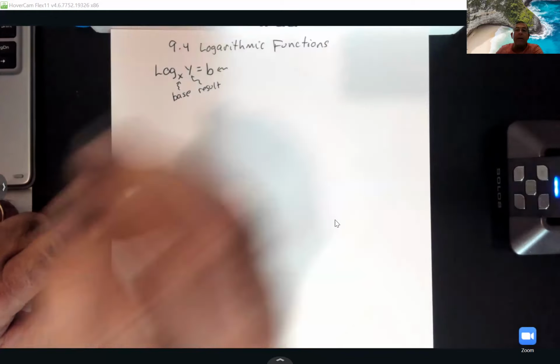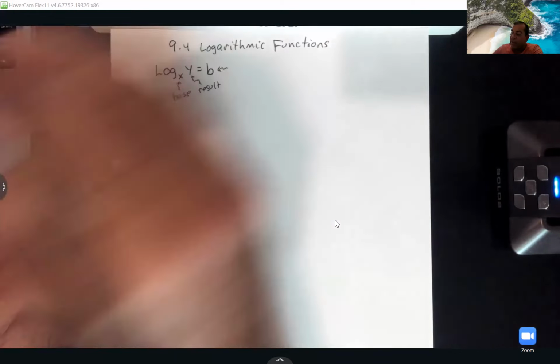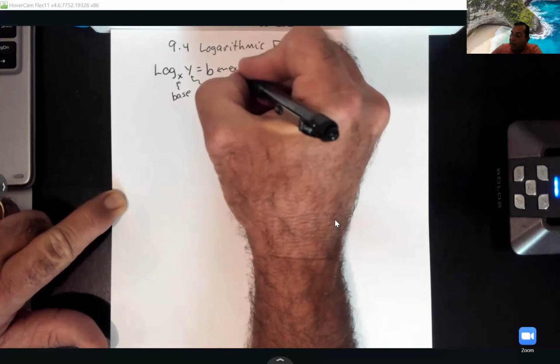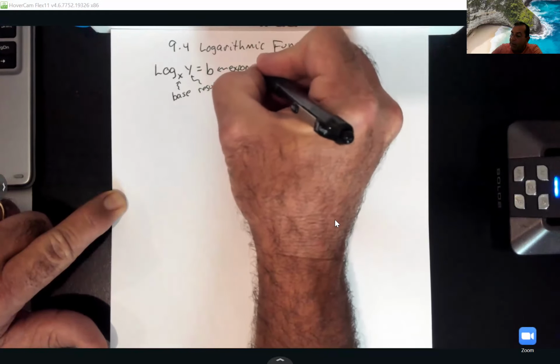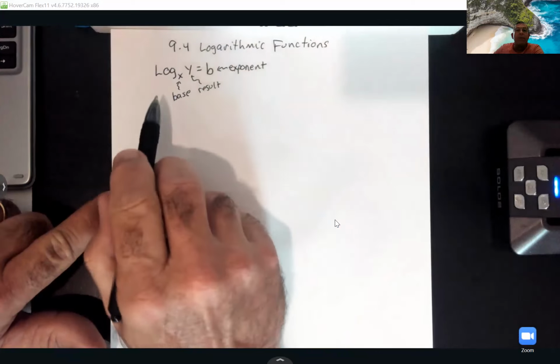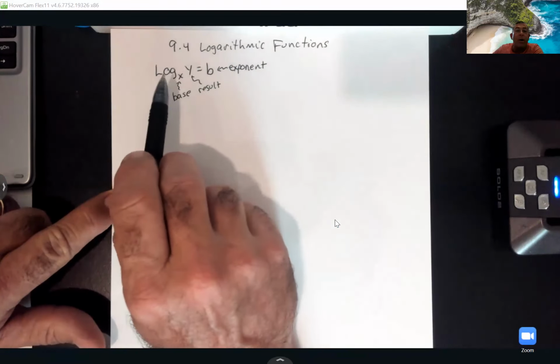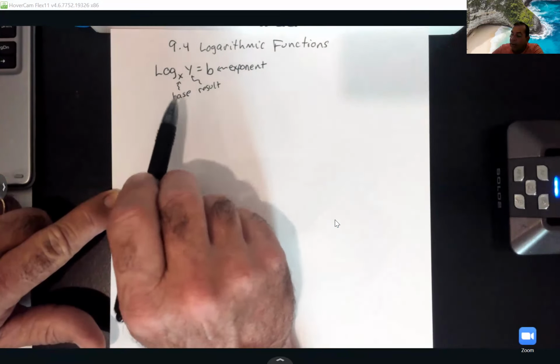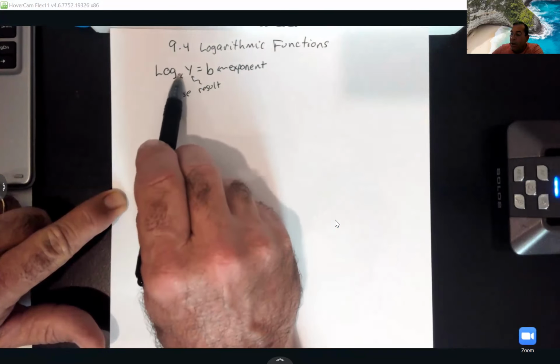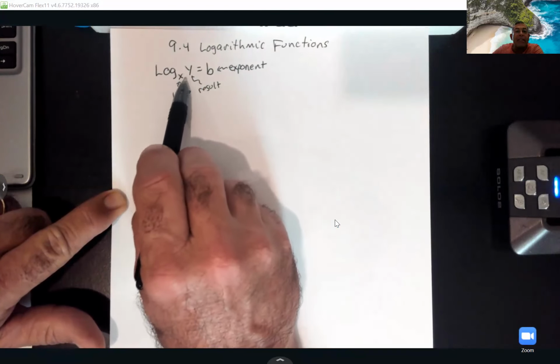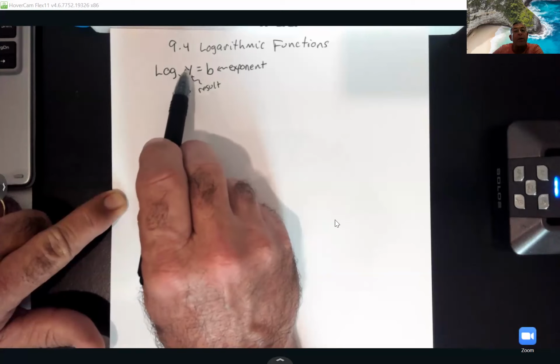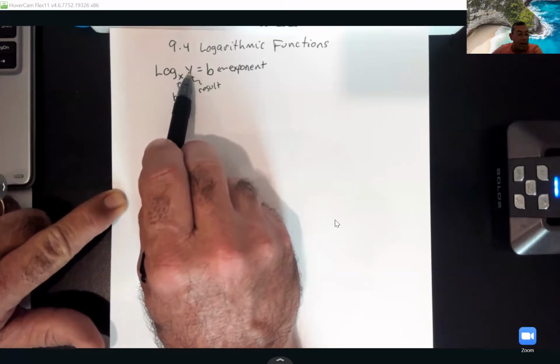And b is the exponent. So when you see log notation, it's going to figure out what exponent this base has to be raised to get that result of a y.